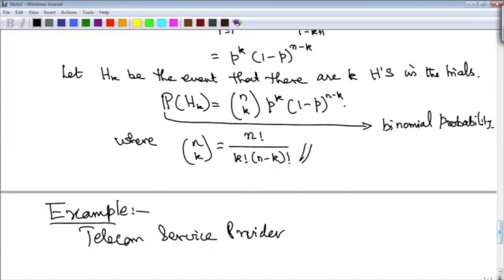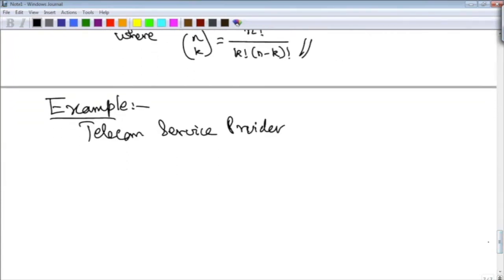At a time he can provide 15 connections, and he has 100 customers.